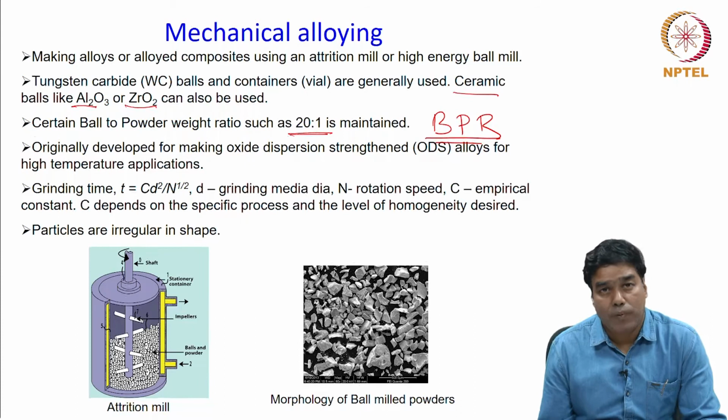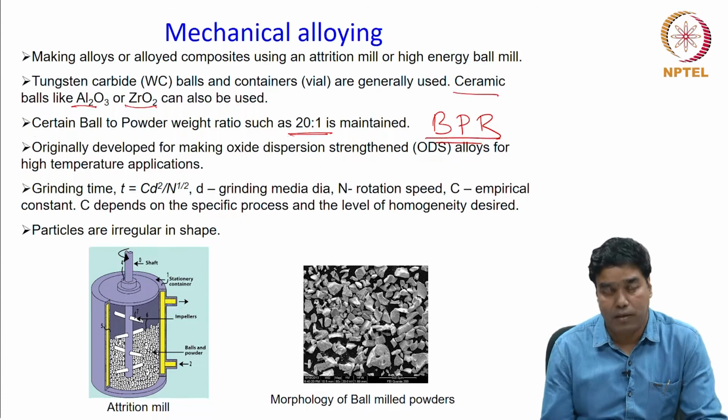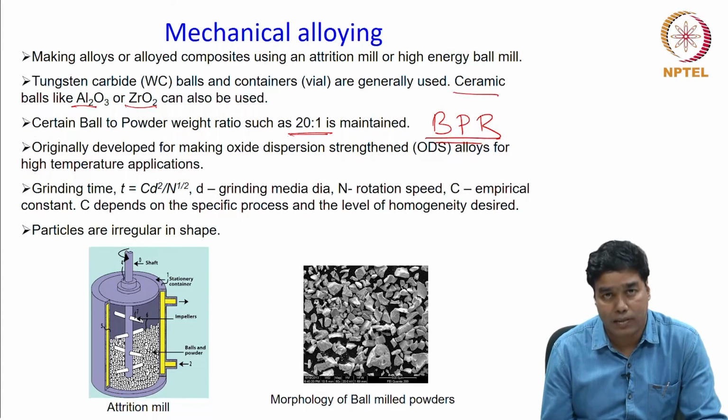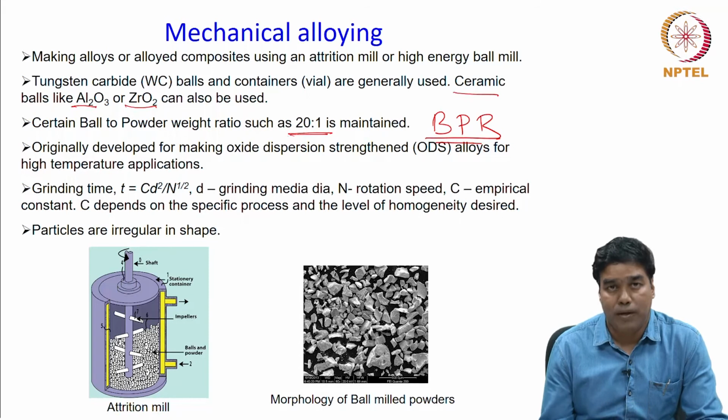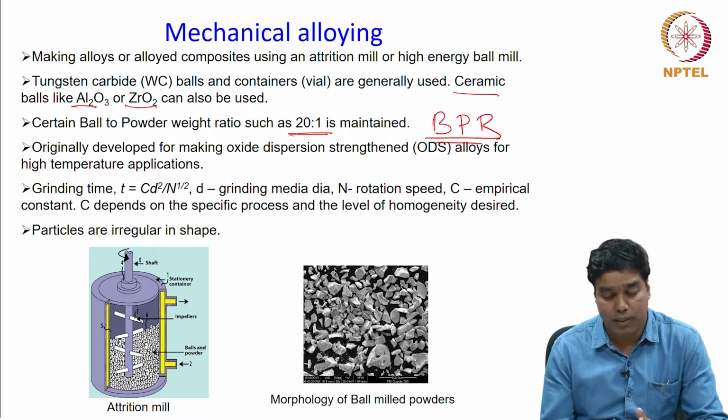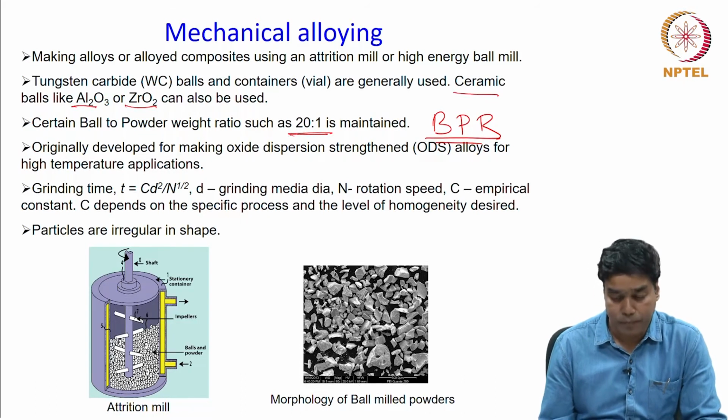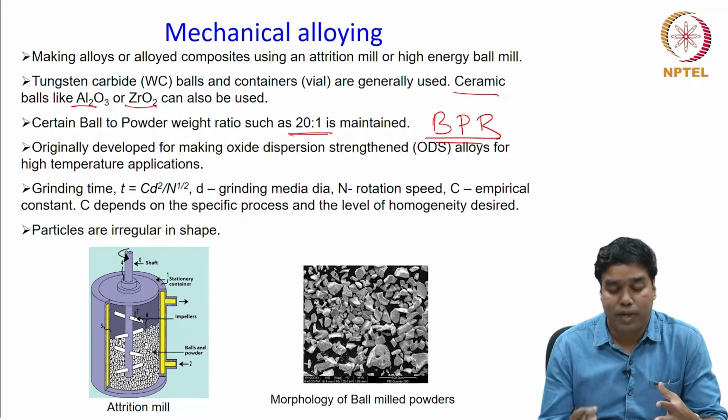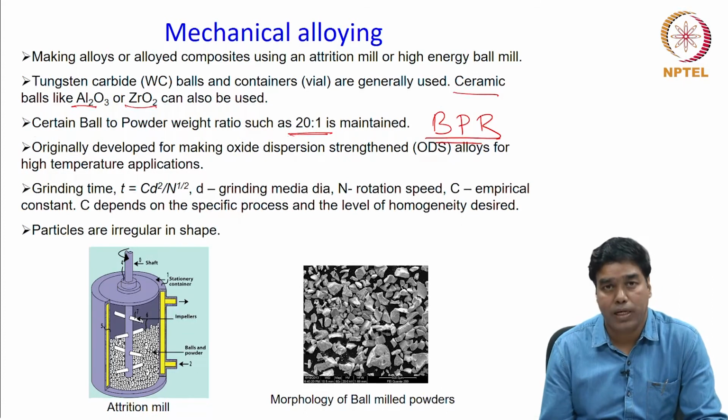And this process of alloying, or mechanical alloying as it is called, because you are using mechanical forces to make the alloy, was originally developed for making a particular type of material known as oxide dispersion strengthened alloys, in which you add fine particles and disperse them in a material to make it stronger.